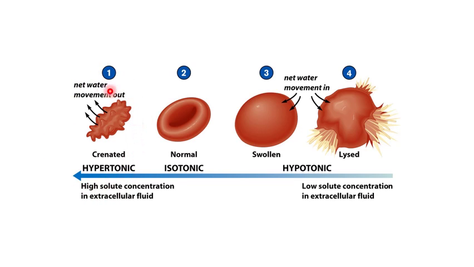Where is the salt content or solute higher, inside or outside of the cell? Outside of the cell. So water moves out to equalize the water on the inside and the outside because there's a high concentration of salt or solute on the outside. So it shrinks down in size, and yes, it dies.